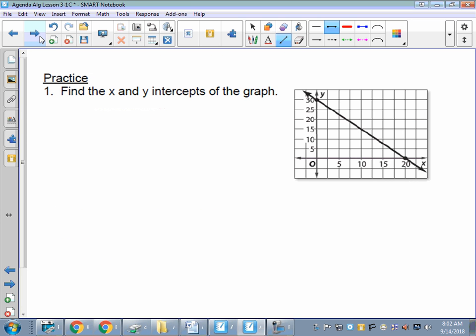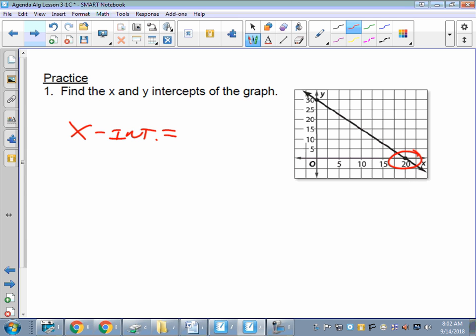It says find the x- and y-intercepts of the graph. Let's start with the x-axis. We look at where the x value is when the graph crosses the x-axis. Here's the x-axis, and we look down here. That's where it crosses. What is x at that moment? It's 20.